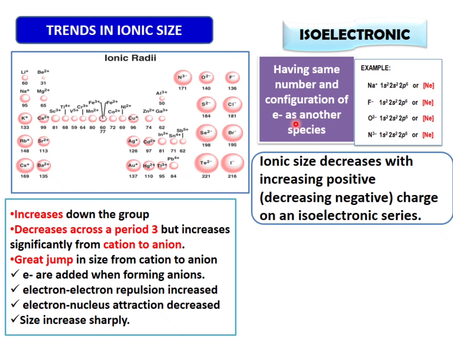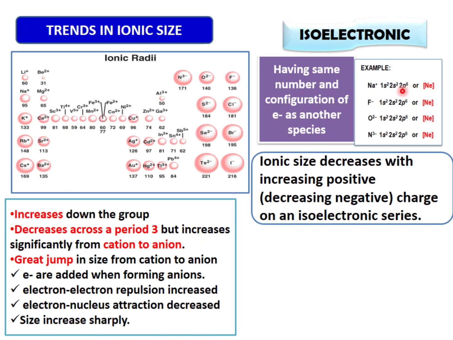Kalau atom tersebut jadi ion dan configuration dia sama macam spesies yang lain, bermaksud kita boleh kelompokkan dia, kita boleh groupkan dia sebagai isoelectronic.